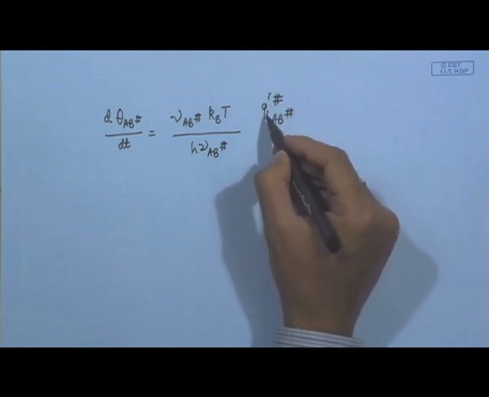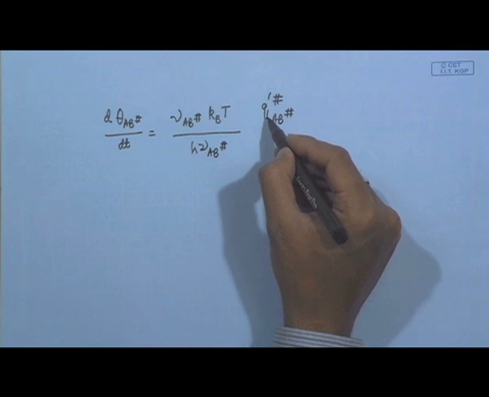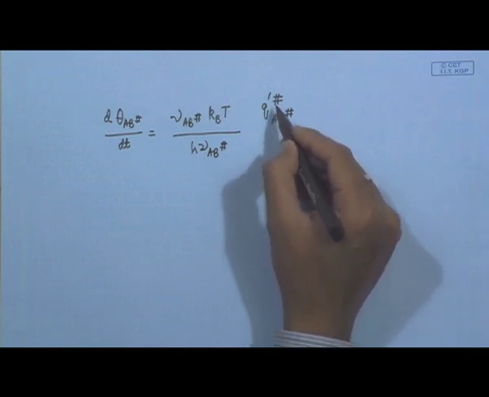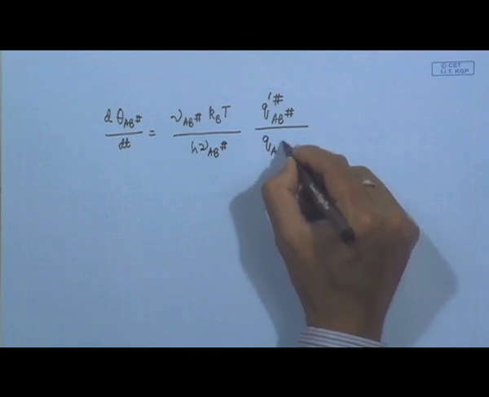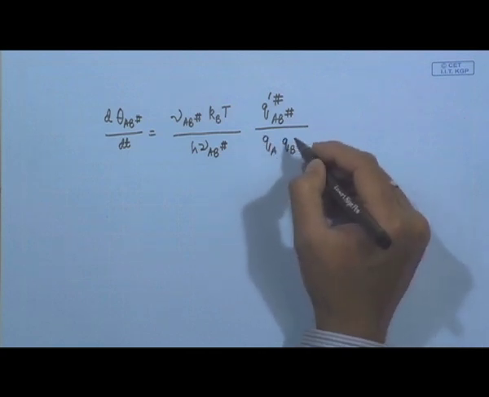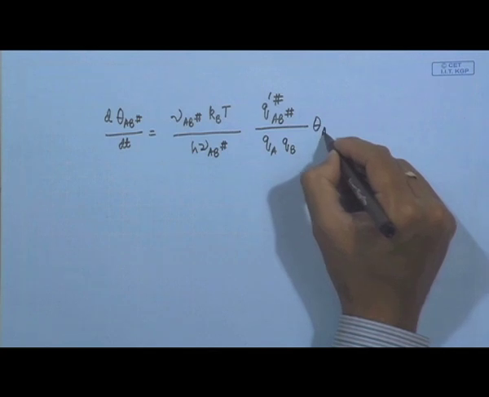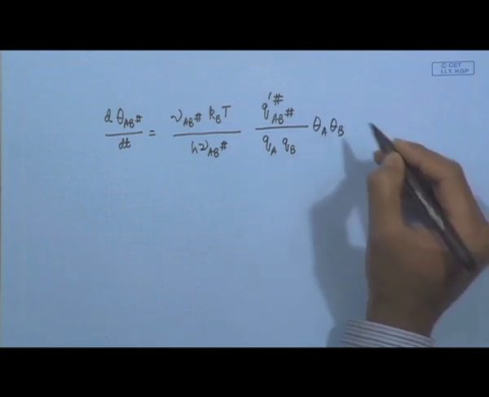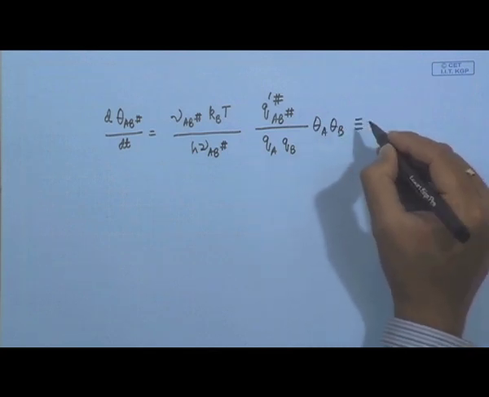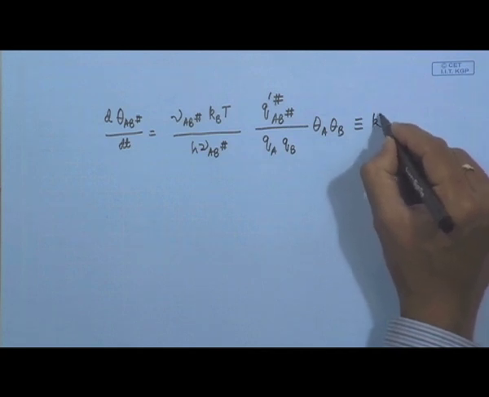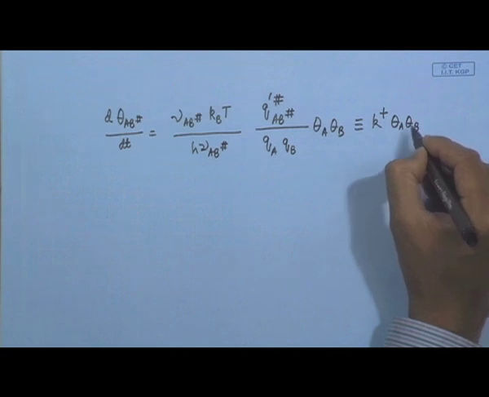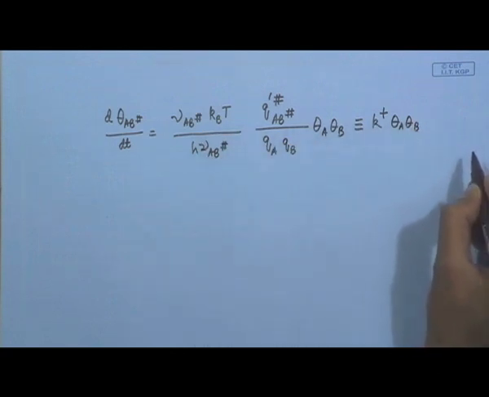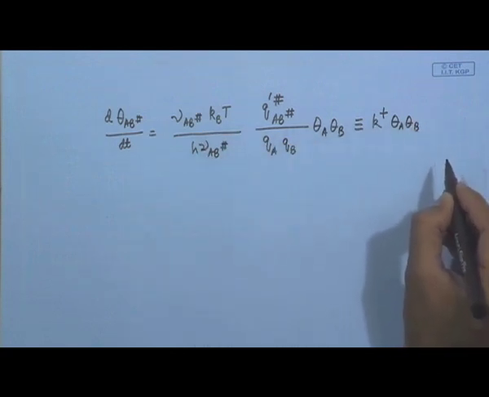That means one mode is taken off, one mode less, that is why it is primed, divided by QA QB, times theta A theta B. You can write this as K plus theta A theta B, that is for the forward process, K plus.